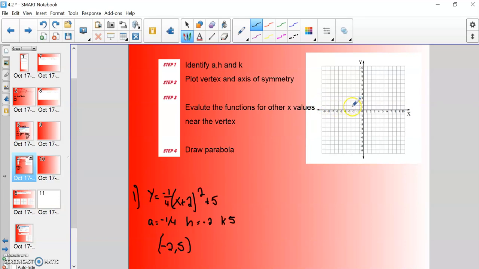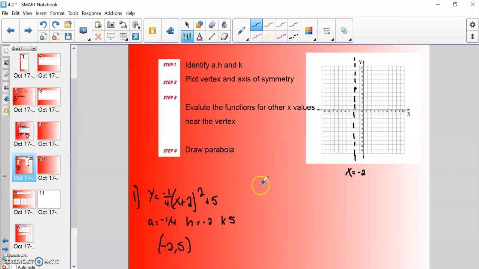So let's put that point, negative 2, 5, right there. And then the axis of symmetry is a vertical dashed line through the vertex at x equals the h value, which is negative 2. So this line should cut our parabola in half.